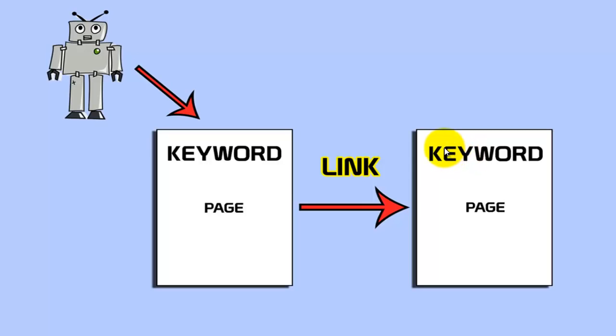So let's imagine that this is one of your website pages. What happens is a crawler goes to one of your website pages, sees the keywords that you have inside of that website page, and as I said, a keyword is nothing more than a search term.